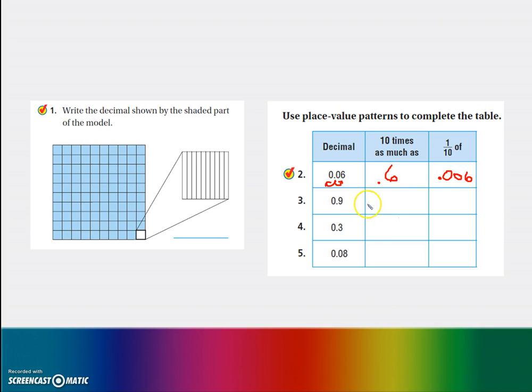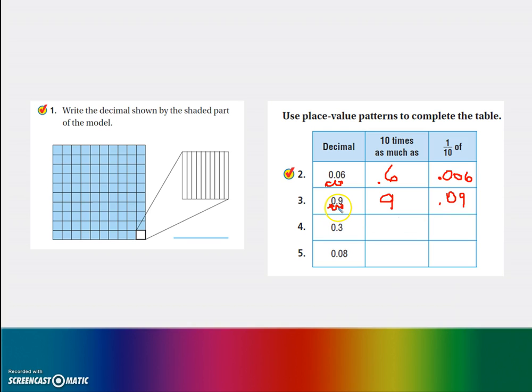And here we have 9/10. If we were going to multiply that by 10, we'd move the decimal to the right, and then we would end up with 9 wholes. And if we were going to find 1/10 of something, we would move the decimal to the left, and we would end up with 9 hundredths.